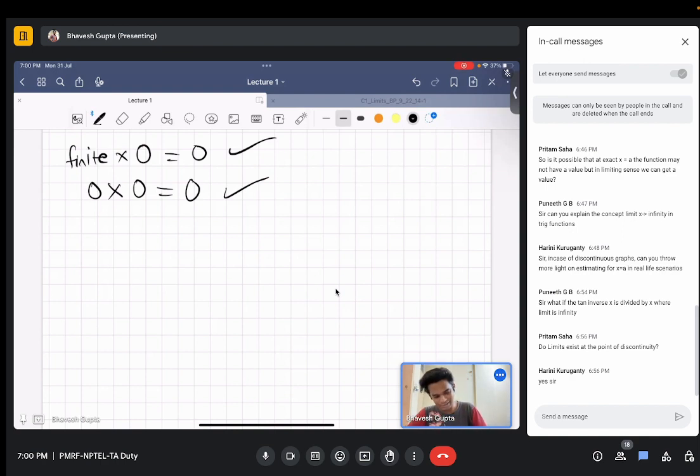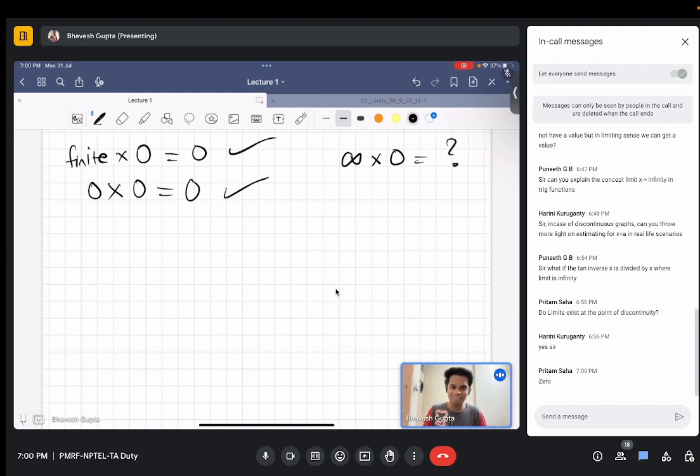But if we have infinity, meaning some very large number, but I don't know how large, and we multiply it with this 0, what do I expect? Any answer? What do you think? What do you expect? Some negative, positive, finite, 0, what? Infinite? What do you see? 0? Think carefully.